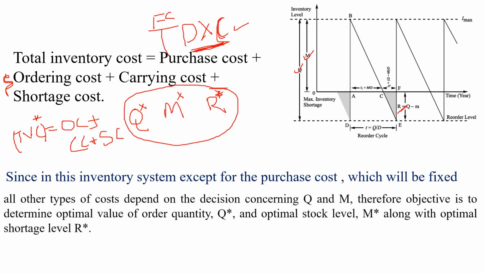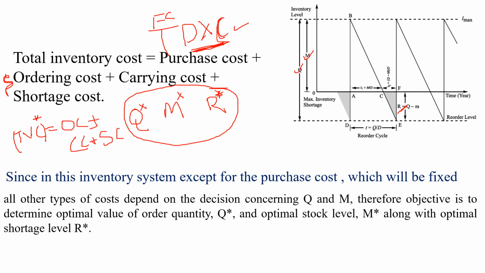All the other costs, such as ordering cost, carrying cost and shortage cost, depend on the decision concerning Q and M. Therefore, the objective is to determine the optimal value of order quantity Q star and optimal stock level M star along with optimal shortage level R star.